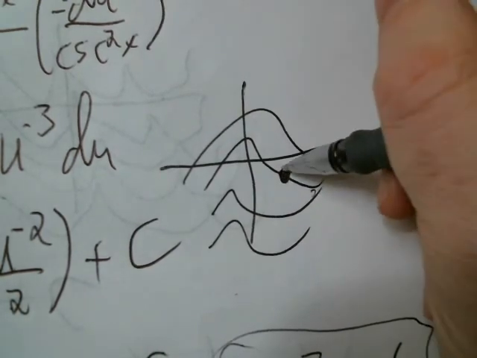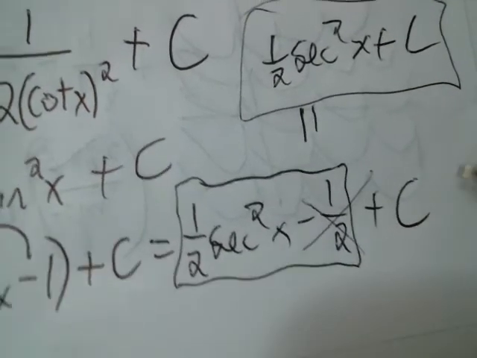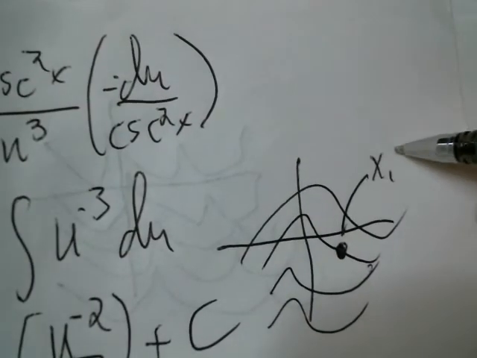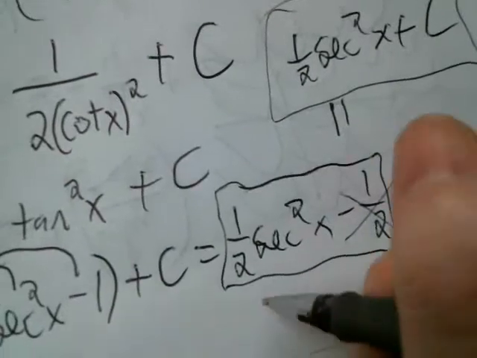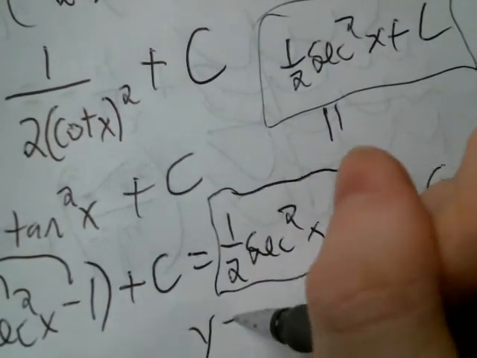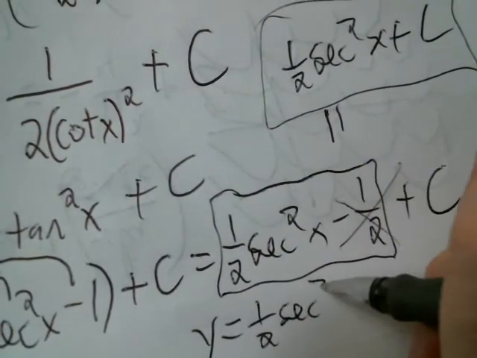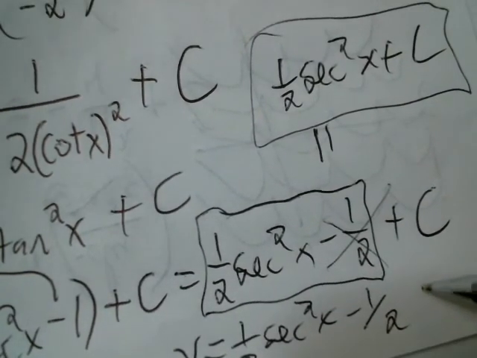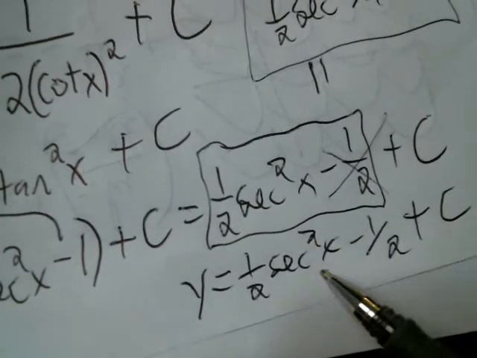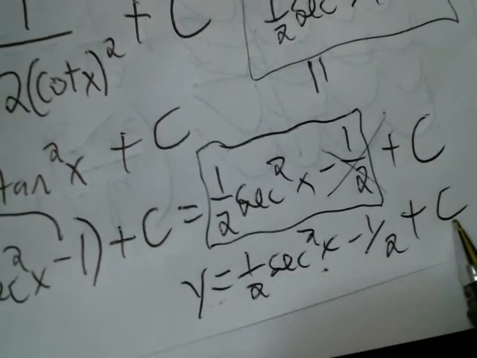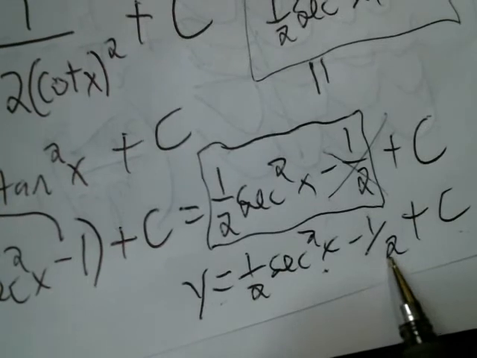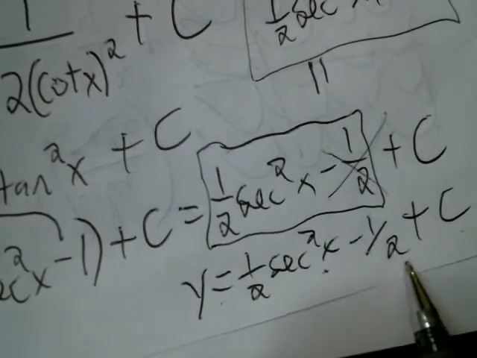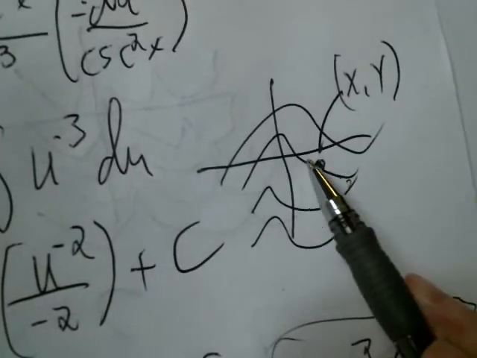So you'll be given some point x and y in the plane, and given that point, you could solve for c. So this answer right here is y equals 1/2 secant squared x minus 1/2 plus c, right? And if you know x and you know y, you can solve for c, regardless of what this thing is. It'll just shift itself to make it the particular curve that you want.